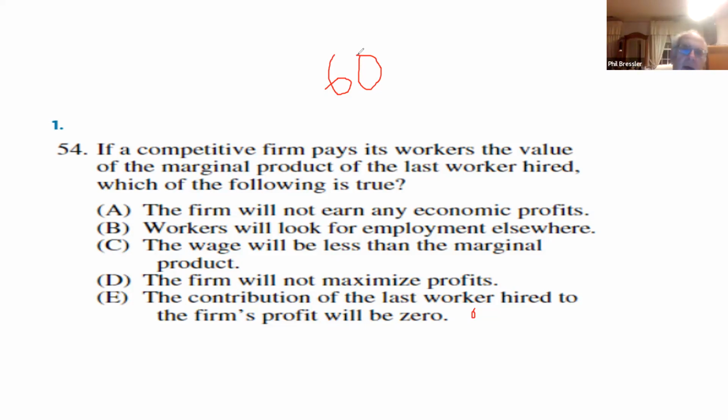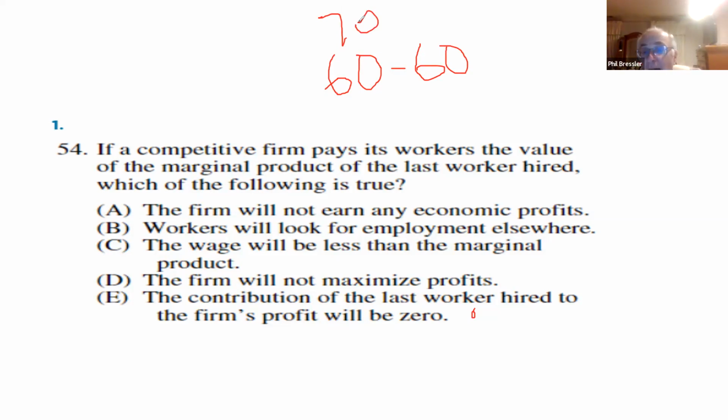All right. So say the last worker hired brings in $60 of revenue. That's the value of the marginal product, and we pay him 60, right? The last worker does not make any economic profit, but the worker before might have brought in 70 and we paid him 60. We don't really know what that person did.